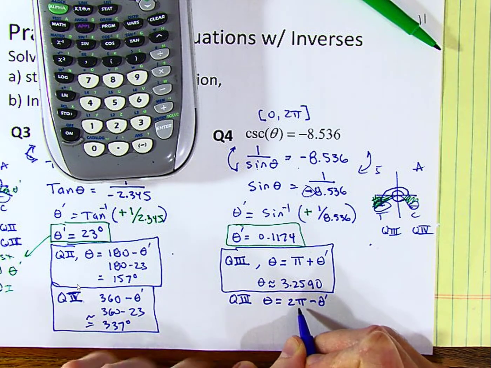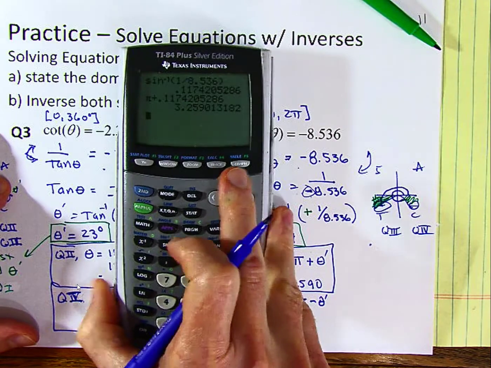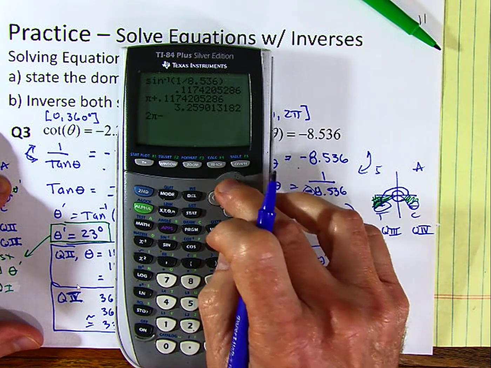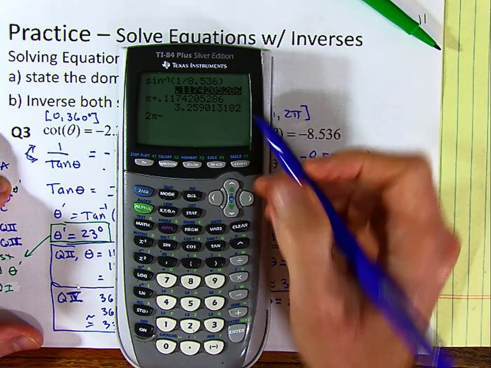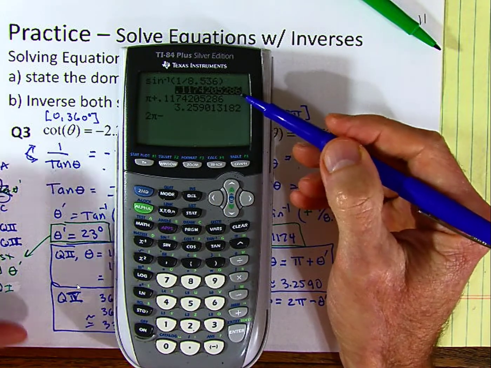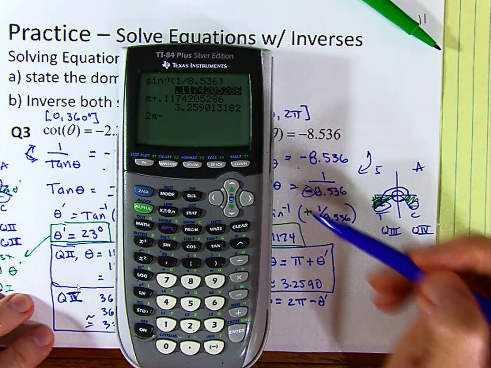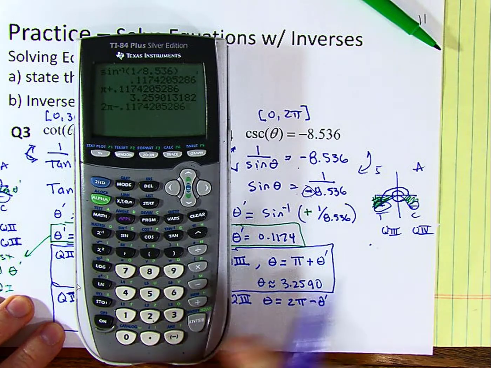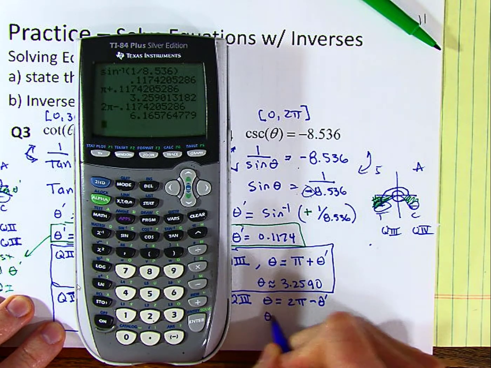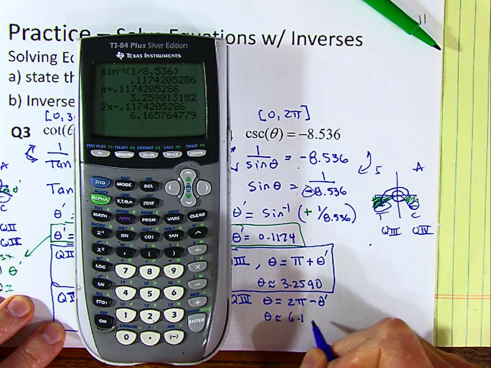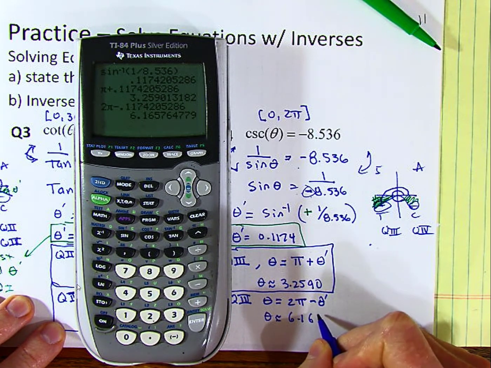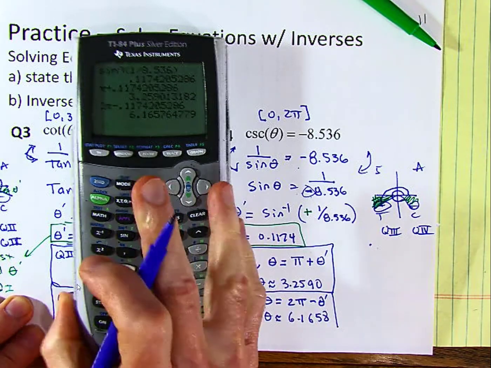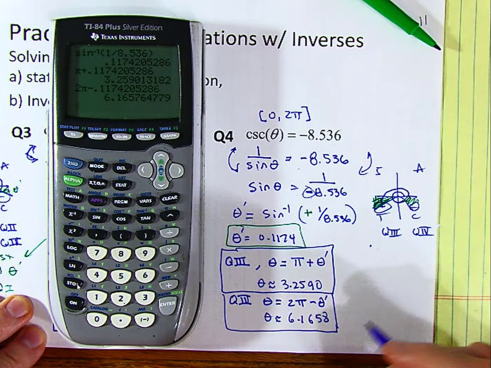So we're just switching 360 to 2 pi. And I'm going to come in here and do 2 pi minus, here's my reference angle, I'm highlighting. And if you can't do that in your older operating system, just write down this round off here. Hit enter, and so I got approximately 6.1658. There is my second solution.